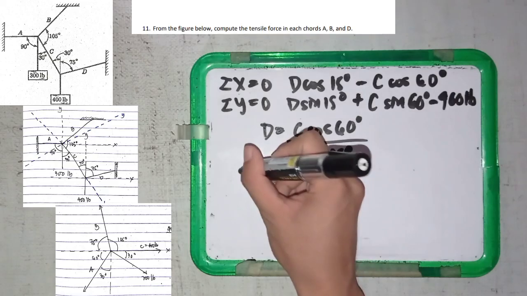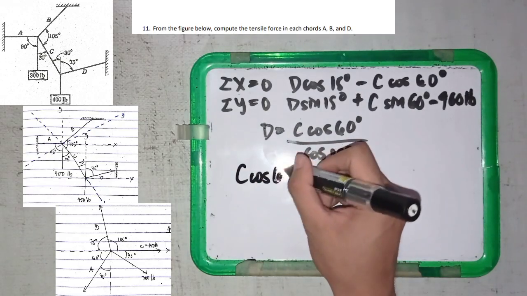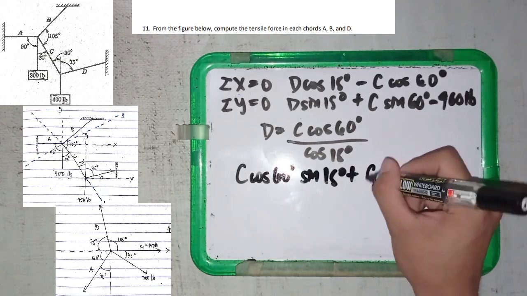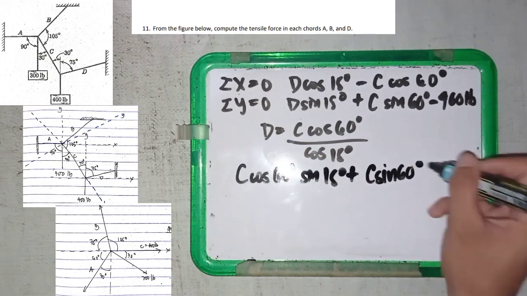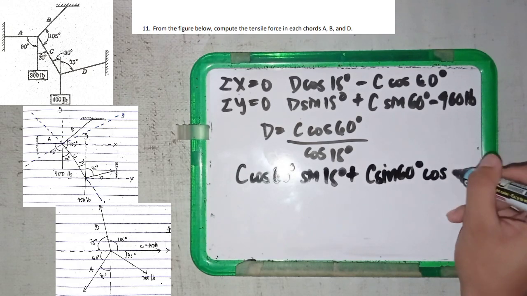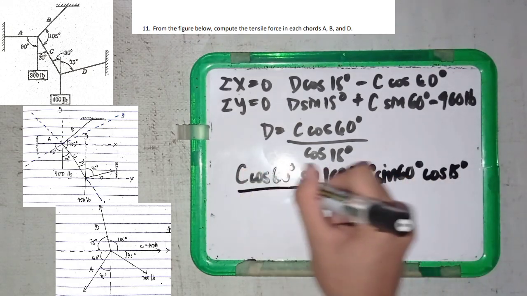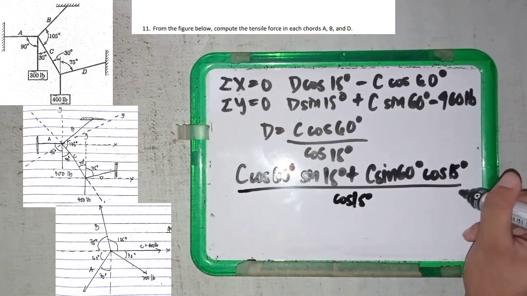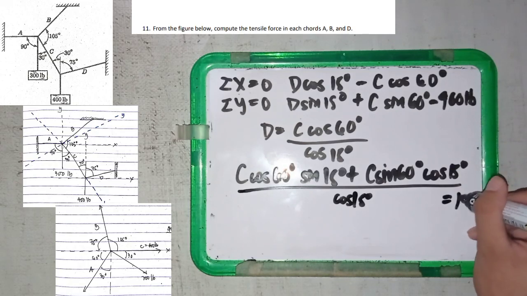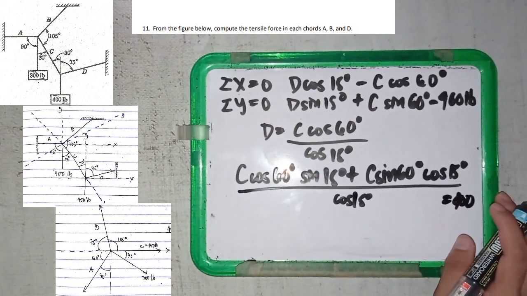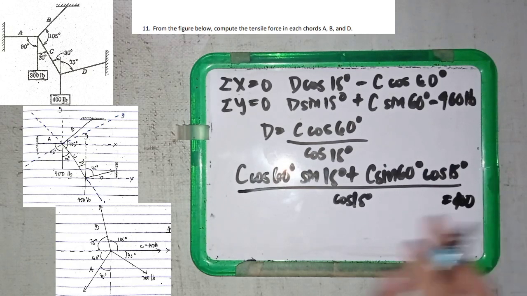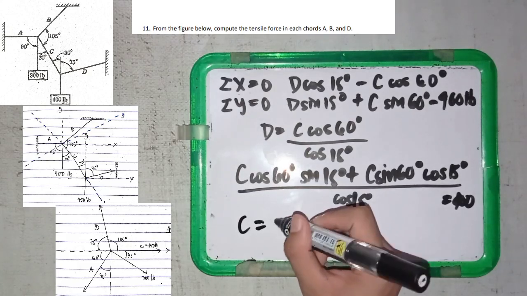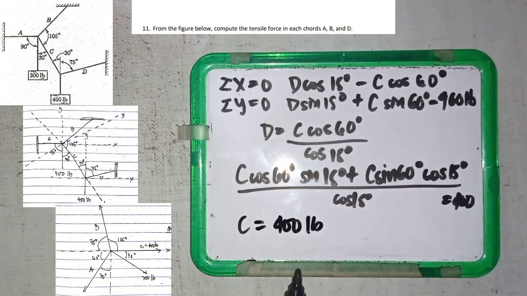So we have C cosine 60 degrees sine 15 degrees plus C sine 60 degrees times cosine 15 degrees, all over cosine 15 degrees, equal to 400 pounds. If we calculate this, C is equal to 400 pounds.